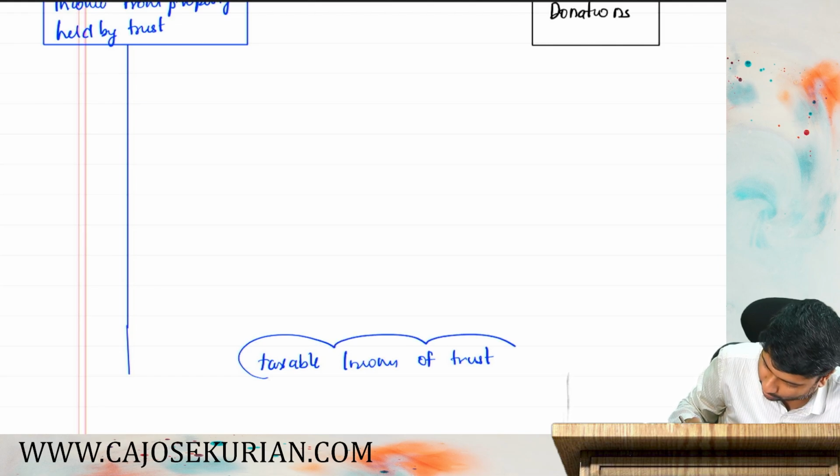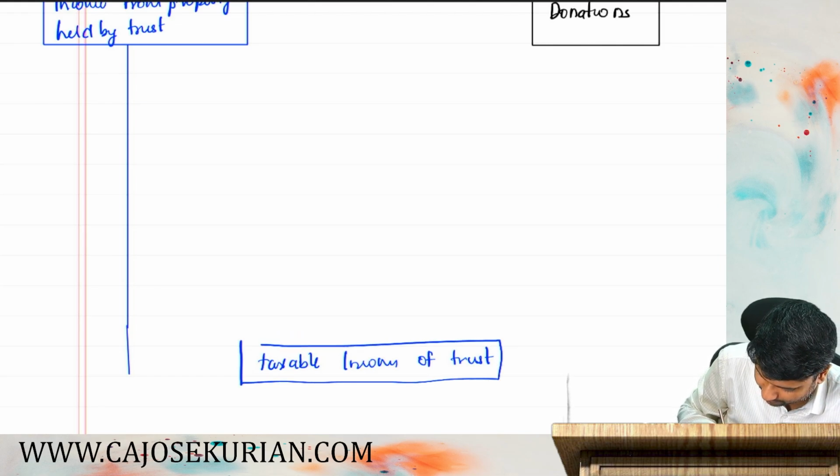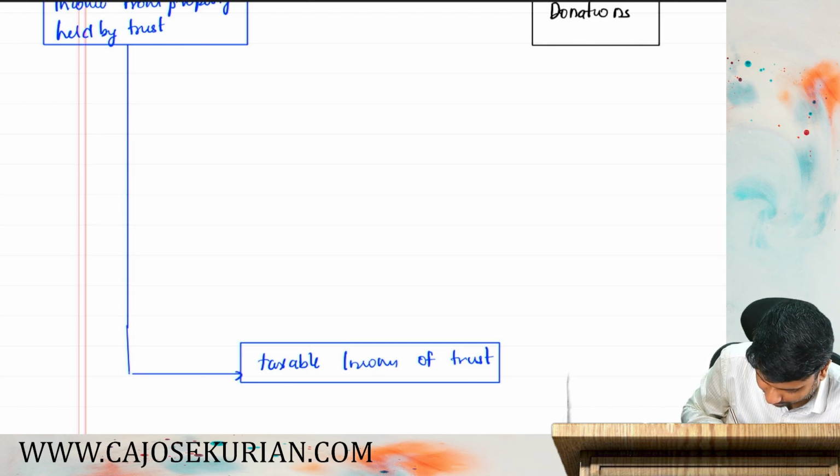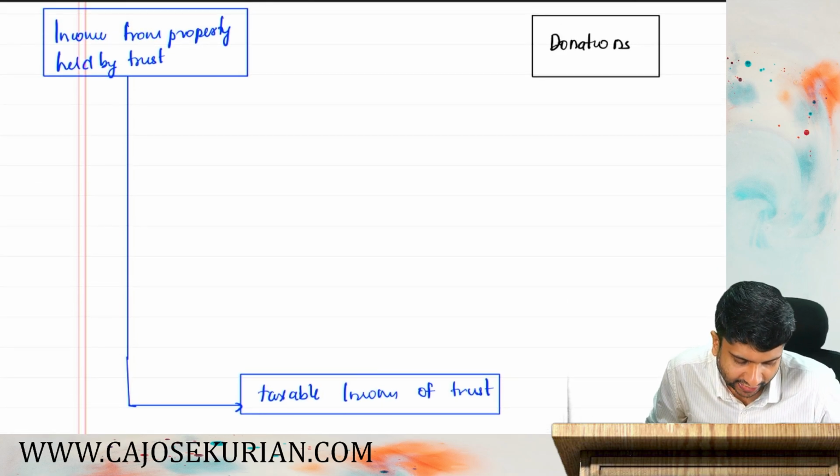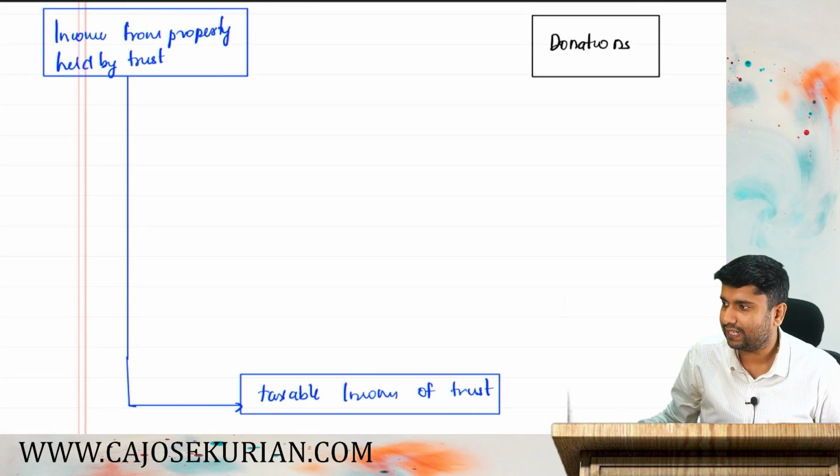You should definitely call it as taxable income of that particular trust. But from this also they are eligible to get some exemption that we will study later. So if a trust has income from property held by the trust, that has to be considered as a taxable income of that particular trust.